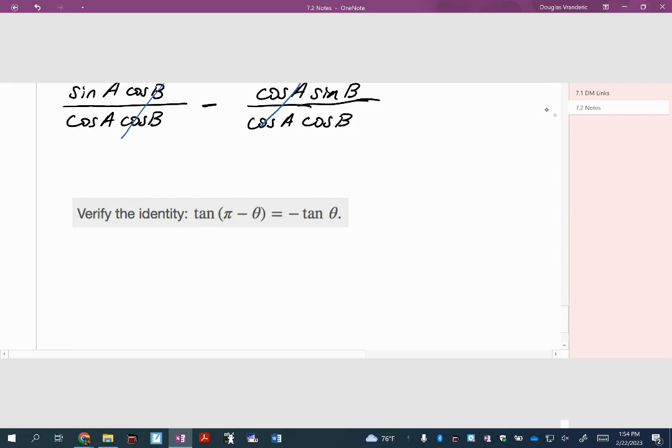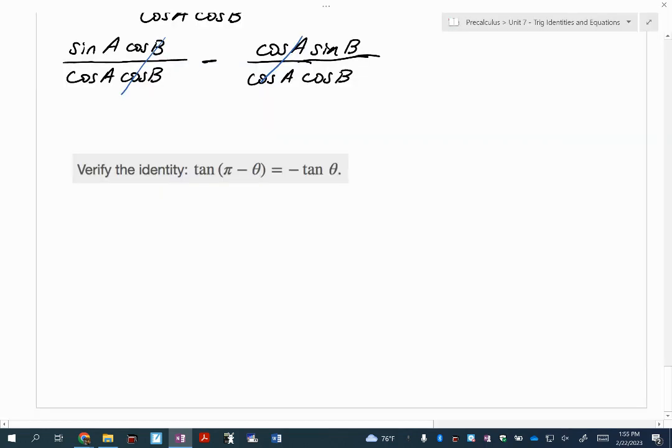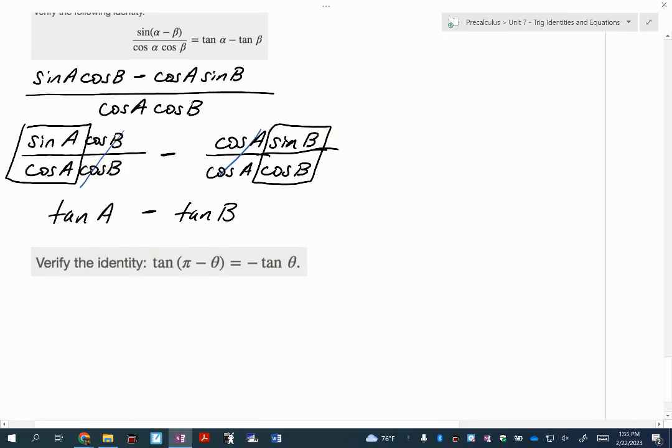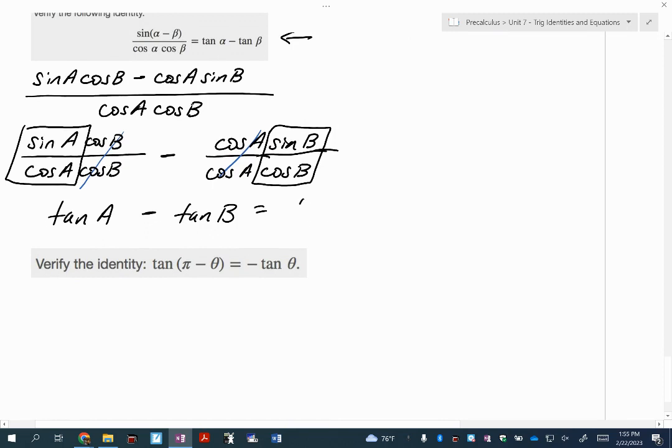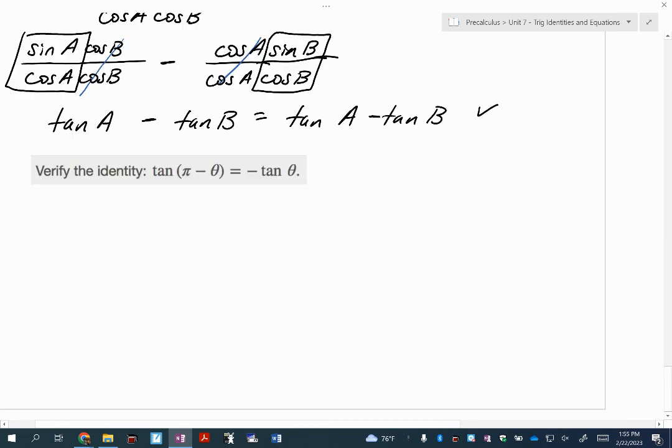And if you know your identities from the last lesson, or even really from the first unit, the sine of a over the cosine of a is the same as the tangent of a. This right here is the same as tangent. And the sine of b over the cosine of b is the same as the tangent of b, which is what we were trying to get up here. So that equals tangent of a minus the tangent of b. So that checks out. All right, one more, and then we'll be finished.